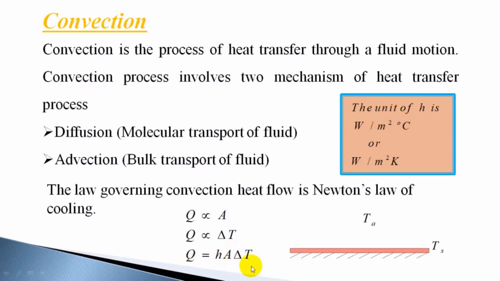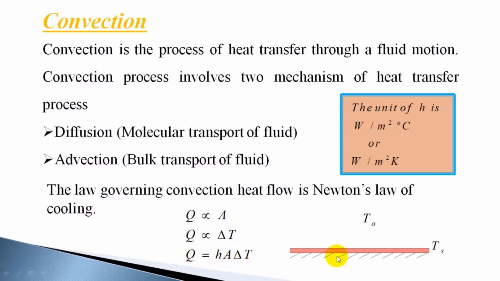Delta T is the difference in temperature. So the difference in temperature, whether it is in degree centigrade or Kelvin, is the same. So 1 watt per meter square degree centigrade or 1 watt per meter square Kelvin are one and the same. You may define the heat transfer coefficient like this: the rate of heat flow from a surface per unit area per unit temperature difference.